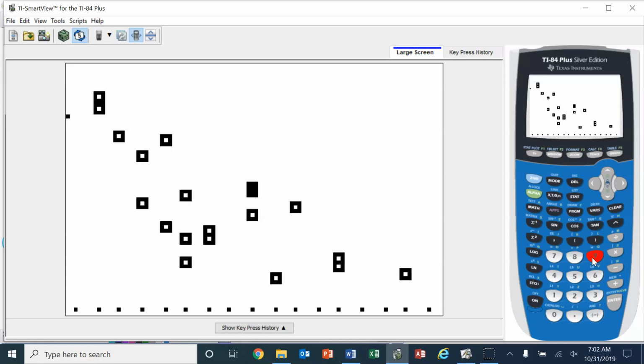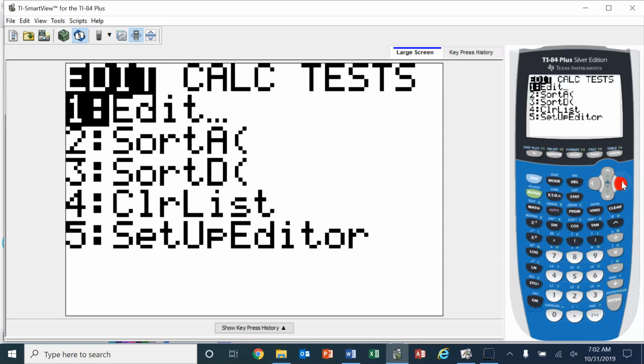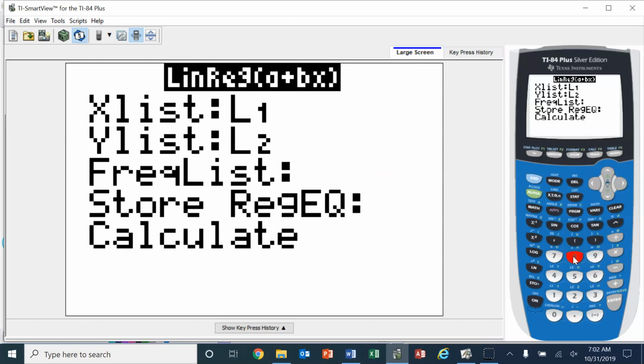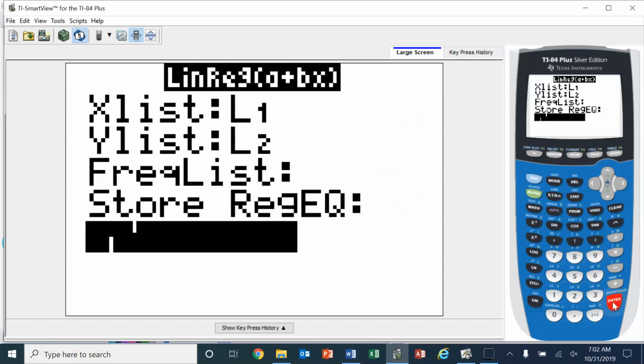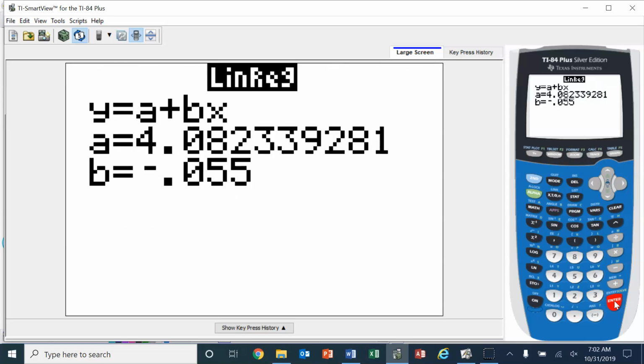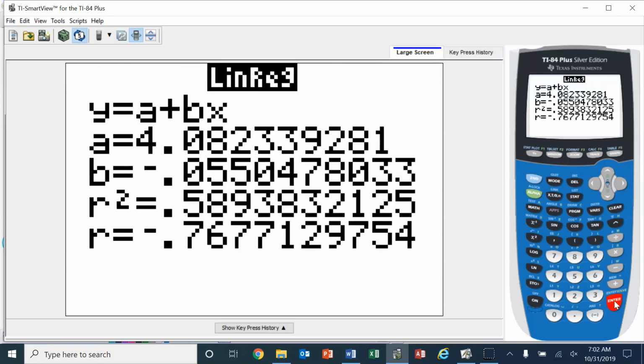All right, so what we need to now do is stat, calculate number 8, because we're going to need that information. All right. So in our table, we're going to go ahead and write down our A, B, and R value. Here we go.